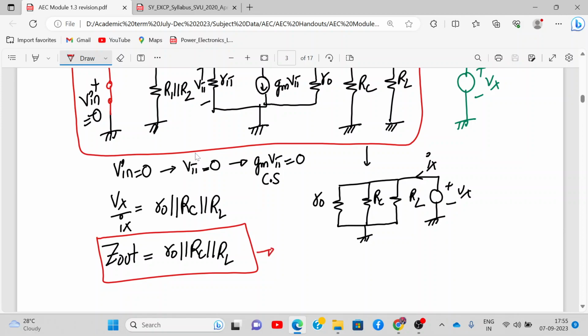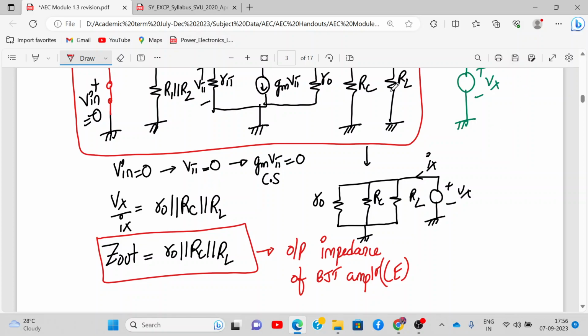So this is the output impedance of the BJT amplifier in common emitter mode. Got it, everyone?